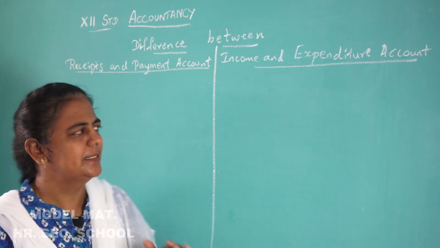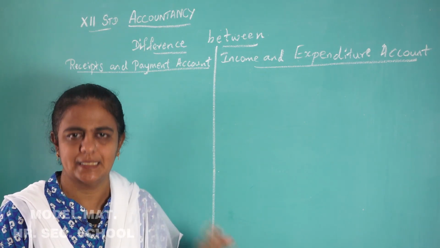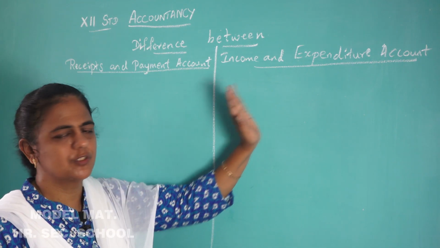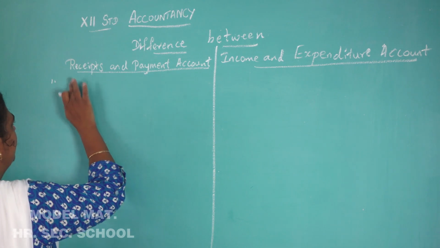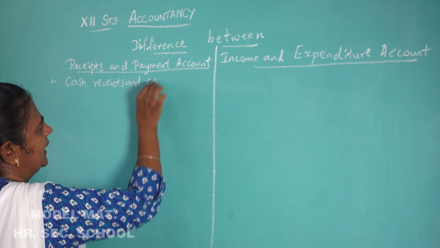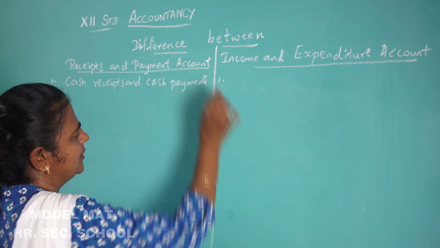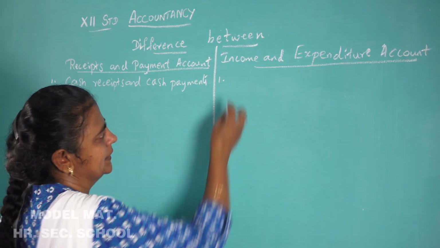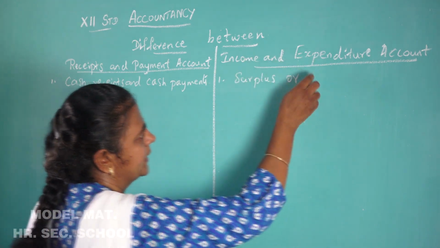That is the main purpose of preparing income and expenditure account. Receipts and payments account is prepared to find out cash receipts and cash payments.